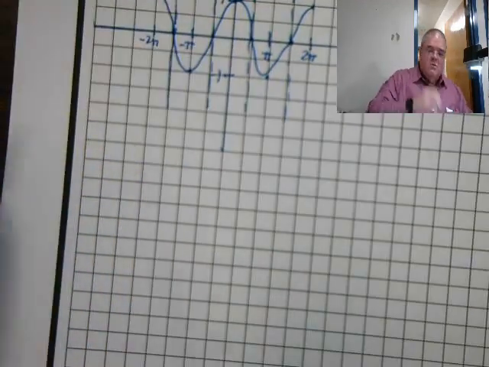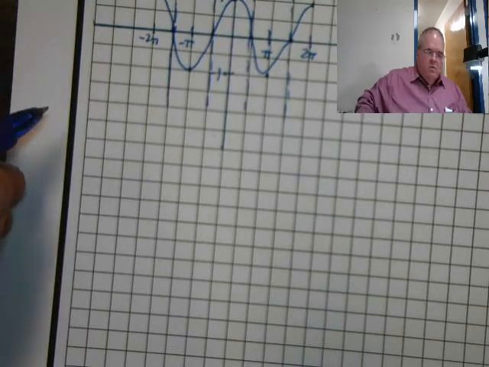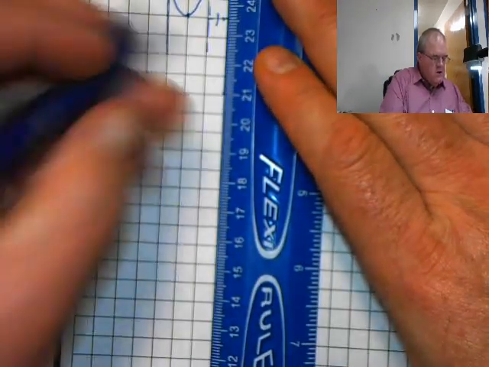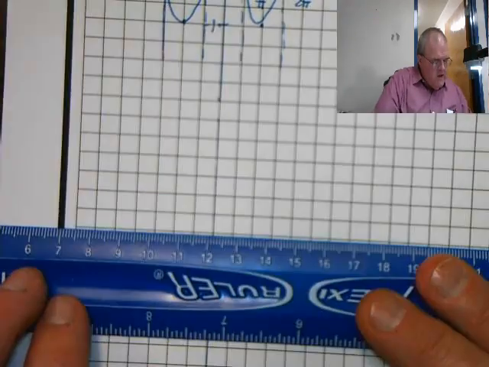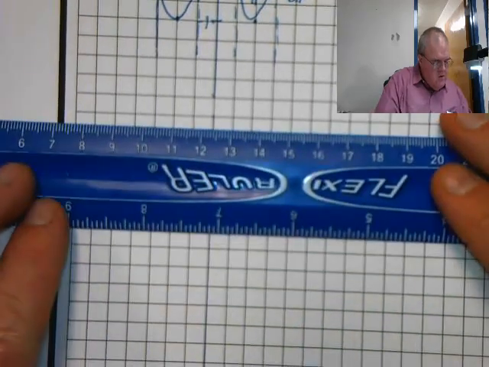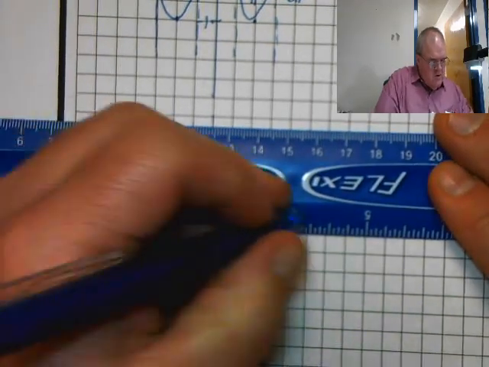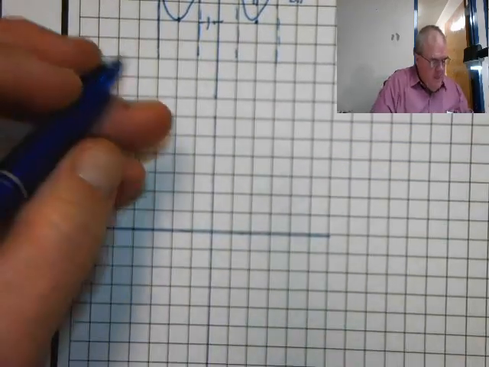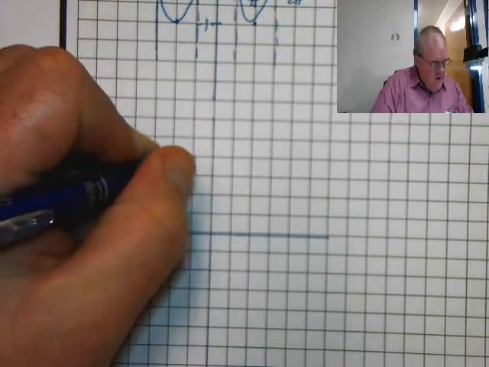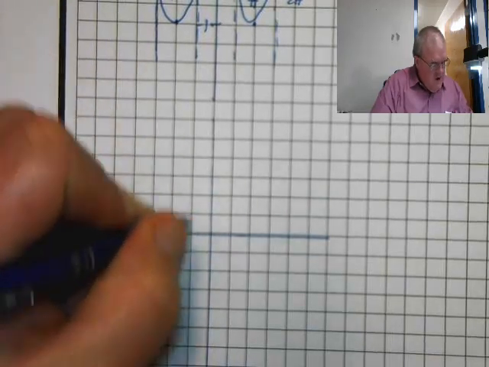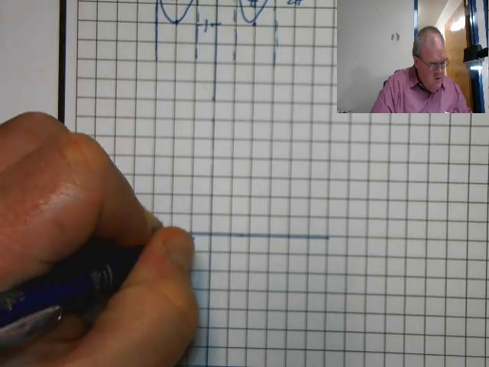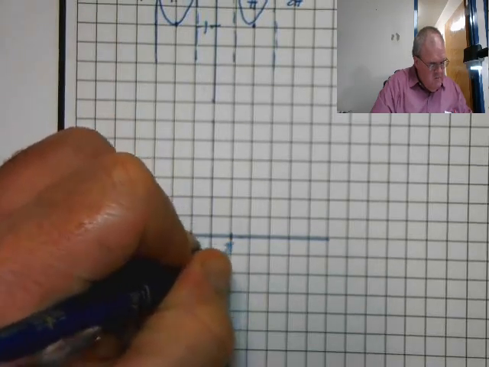So we have an asymptote. So when we graph the tangent curve, we're going to have asymptotes at negative pi over 2 and pi over 2.